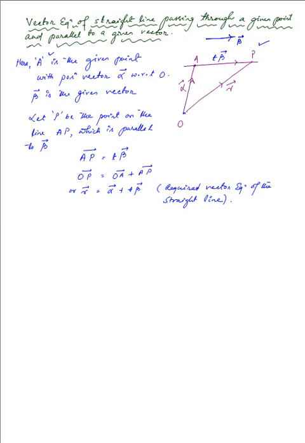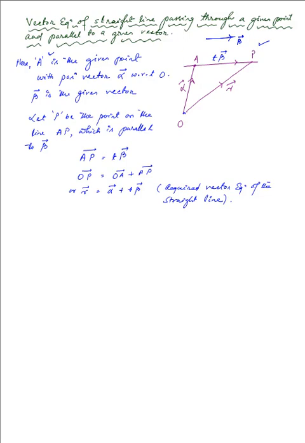The point A supposedly has a position vector alpha with respect to a reference point O, which is more or less the origin. Now, in order to find the equation associated with that line, we simply have to obtain the position vector of the point P.